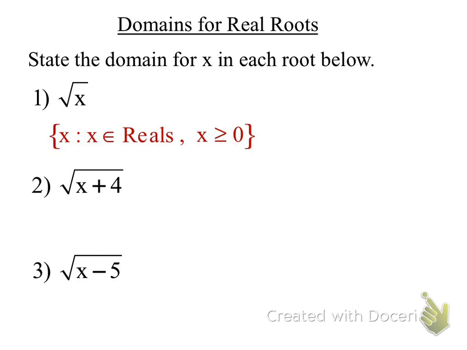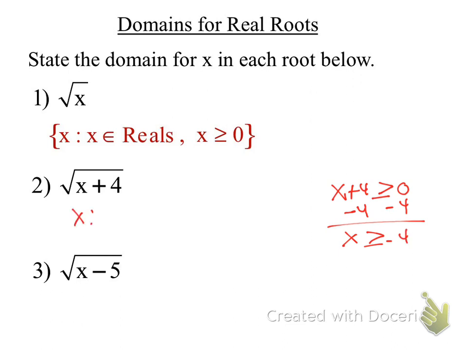Yeah. So same thing's going to happen if I have something like this, x plus 4. Under the radical, we're going to just take what's underneath, write this down, and you're going to set it greater than or equal to 0. Then what? Subtract the 4. And so x is greater than or equal to -4.